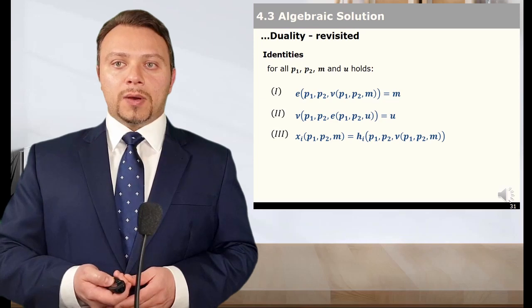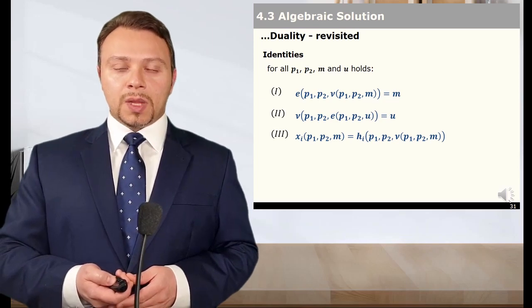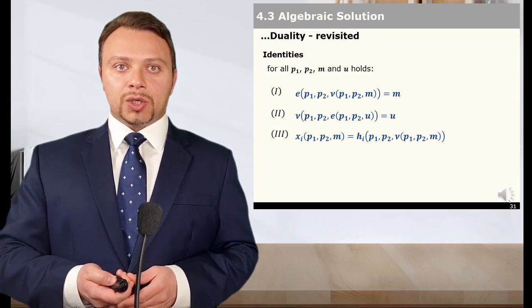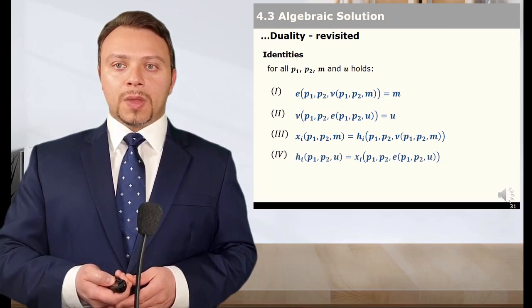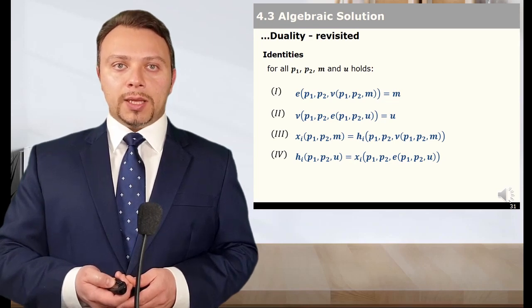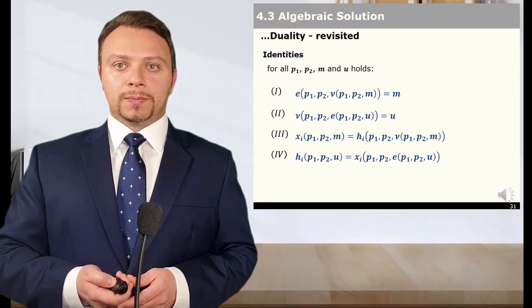Plugging the indirect utility function into the Hicksian demand function will result in the Marshallian demand function. Plugging the expenditure function into the Marshallian demand function will result in the Hicksian demand function.